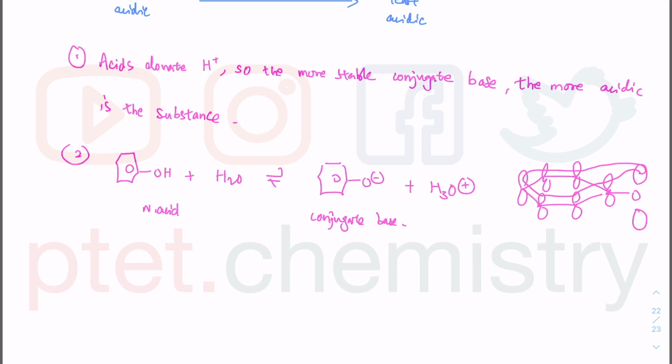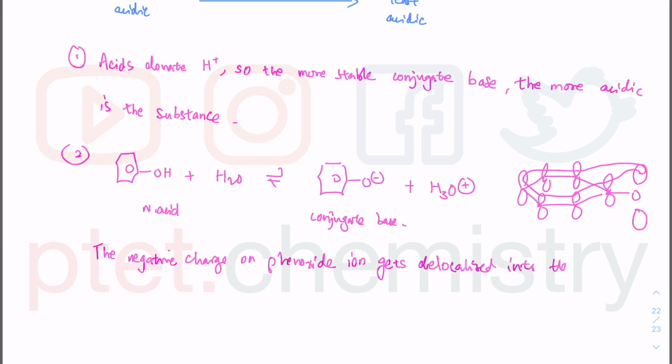Who says that you can't draw or sketch something out even when they are giving you lines? No one says you cannot draw things like this, because drawing is very good for your answer. It makes your answer stronger without having to write a lot of words. Now I can write a few words to explain. The negative charge on the phenoxide ion, which is the conjugate base, gets delocalized into the benzene ring.